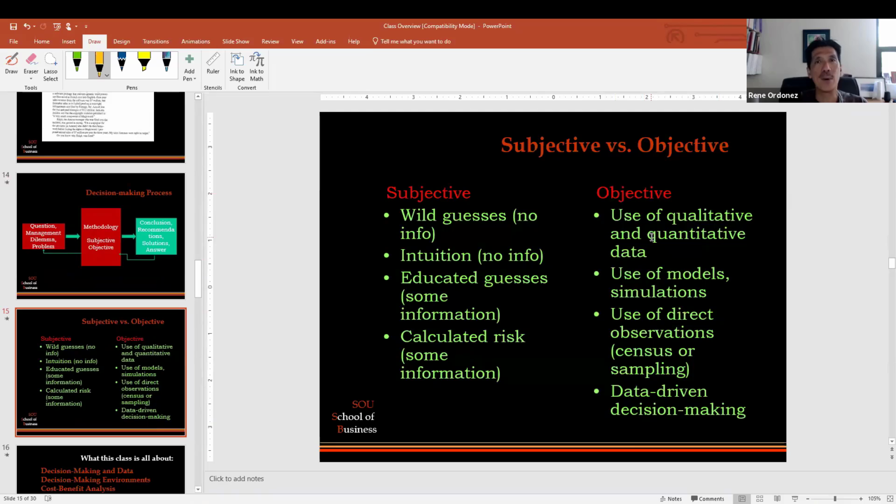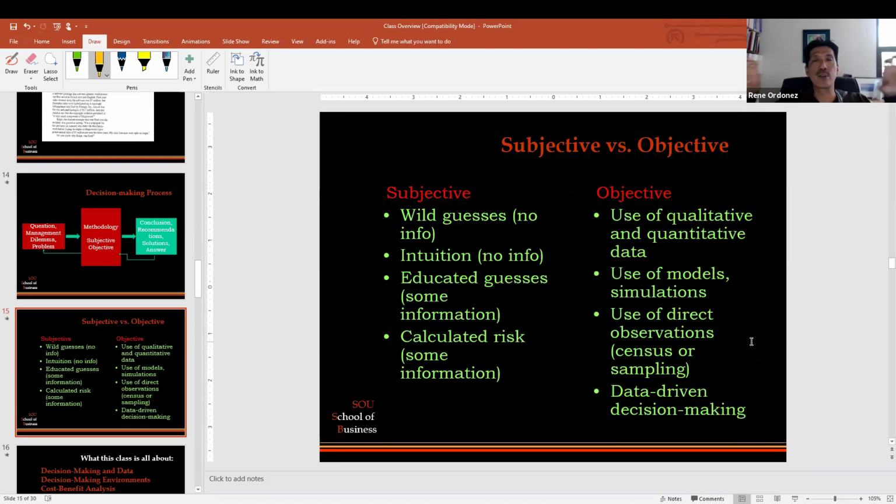So that would be on this side, the objective. This is where we really want to be when we make decisions, using qualitative and quantitative data, use of models or simulations, and use of direct observations. This is what we call data-driven or data-informed decision making.